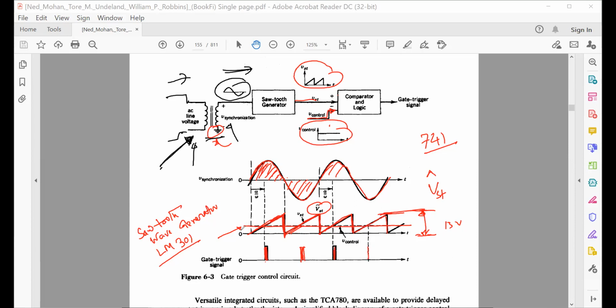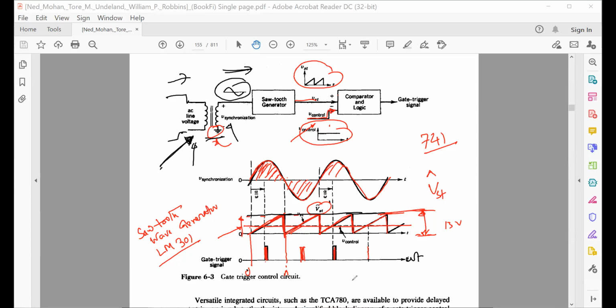Now, by changing the value of the control voltage, the maximum value will be your peak value. Suppose you increase the control voltage to the peak value. Suppose this is your 0 and this is your pi. So you are moving this control voltage to the peak value. Then where will you get this pulse, with respect to omega t? You are increasing the control voltage to the peak value of your sawtooth voltage.